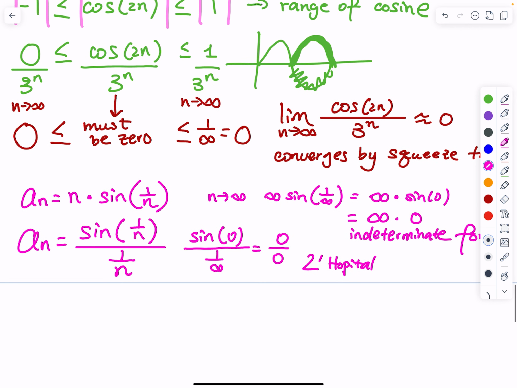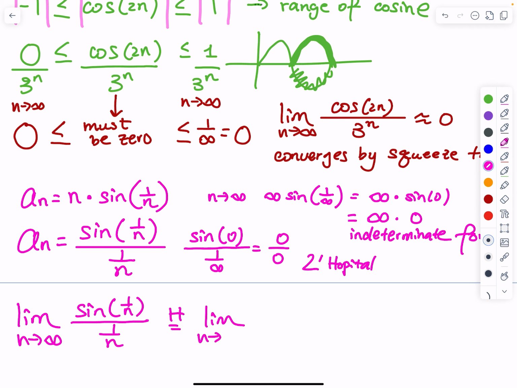Let's do the limit as n approaches infinity of sine of 1 over n divided by 1 over n. Using L'Hopital, 1 over n is n to the negative 1. Take the derivative of that: we have negative 1 over n squared. Bring the negative 1 down, negative 1 minus 1 is negative 2. And then the top, the derivative of sine is cosine, so cosine of 1 over n.